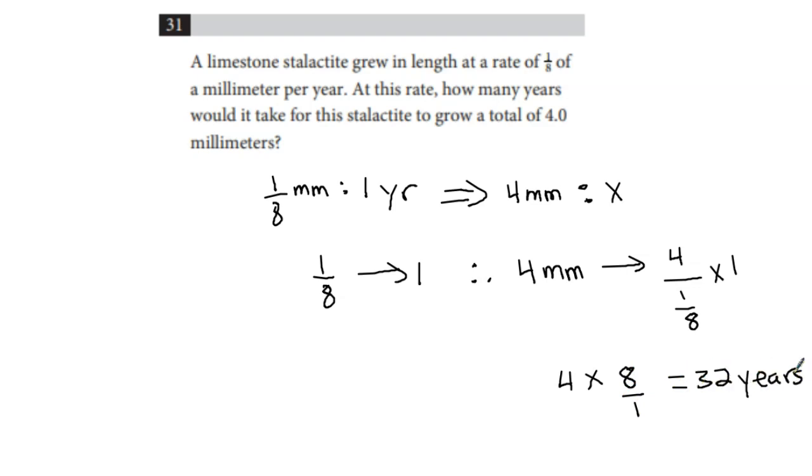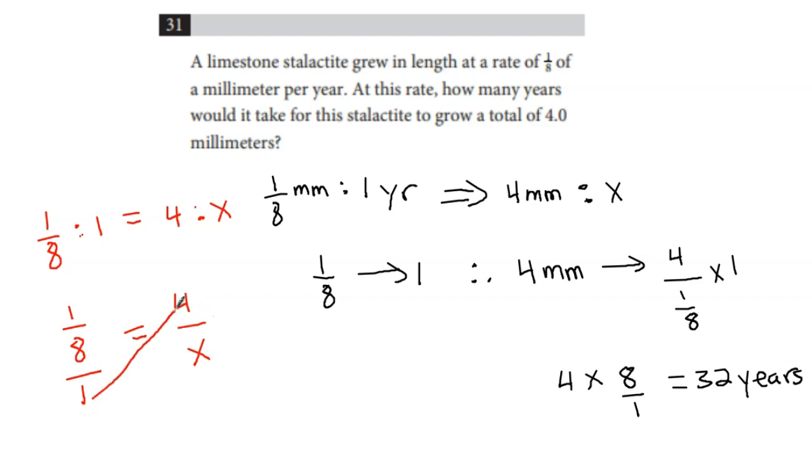So that's one way that you can do it. One can also consider that 1/8 maps onto 1, and this has to be equivalent to 4 mapping onto x. So here you have 1/8 all divided by 1 equals 4/x.